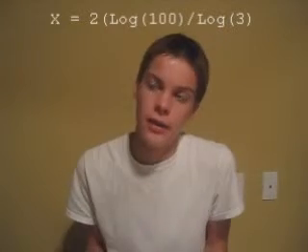And to put it in your calculator, which is pretty much the only easy way to do this, you just leave it as log base 10, because that's your calculator's default, so it makes it a lot easier. So you plug it into your calculator, log of 100 over log of 3 times 2. So x equals 8.384 hours.